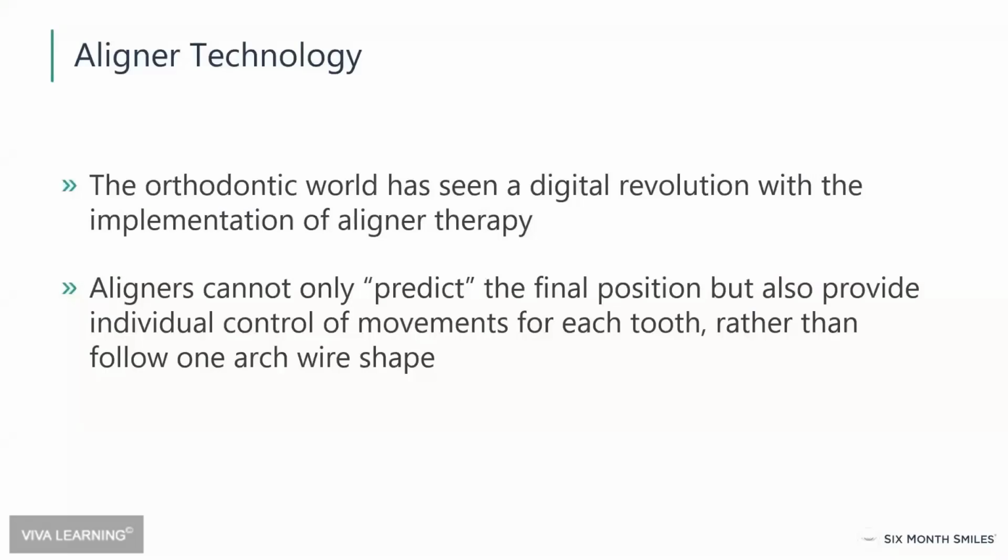There are many elements that the digital world has brought into the orthodontic world, good and bad, but it has definitely made a huge impact on the prediction of final positions, but also the provision of individual control of movements, which is different to what you normally would see on orthodontic appliances that are not based on a digital creation or a digital file, digital software that will move teeth.